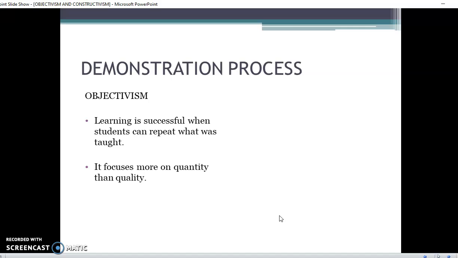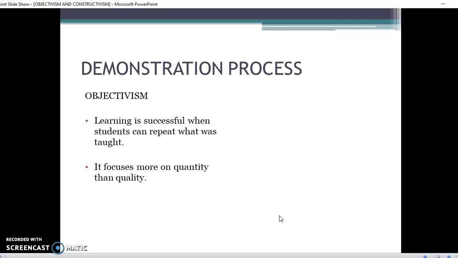Now when I talk about demonstration process, it is about how I, as a teacher, would expect my children in the school to replicate whatever is taught, or how I would expect them to demonstrate what they have learned during the classroom. So what approach would a teacher choose in an objectivist classroom in order for them to demonstrate what they have learned? That's why the term demonstration process is used, which is one of the criteria.